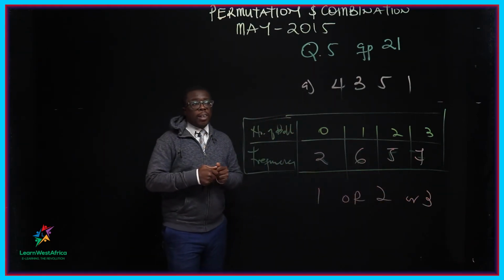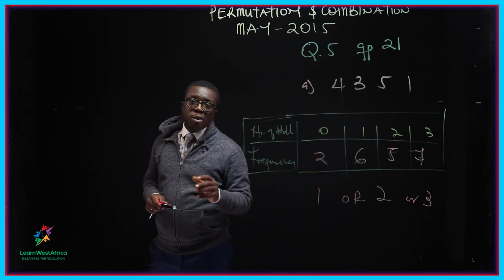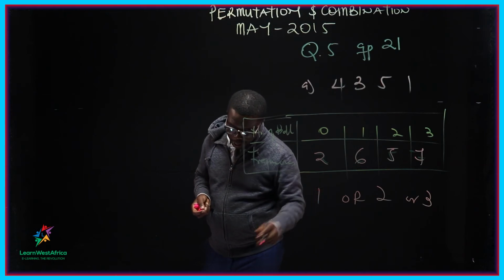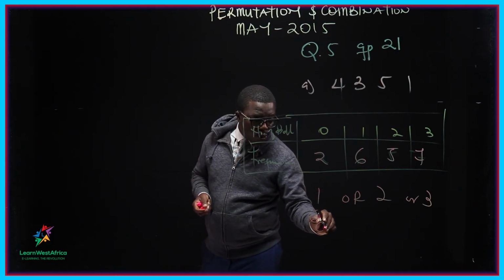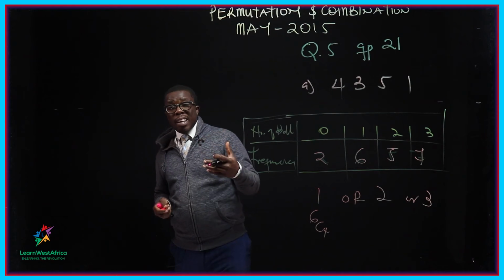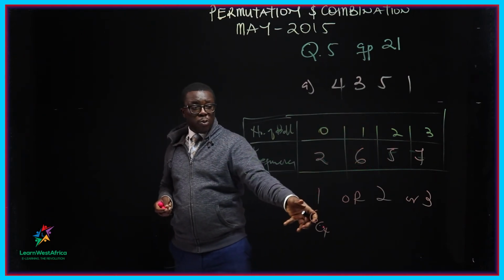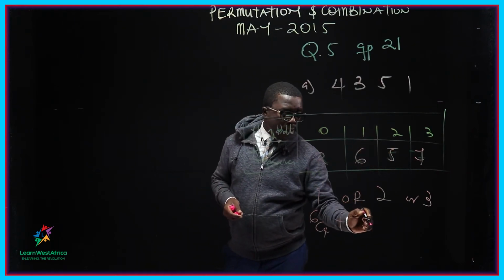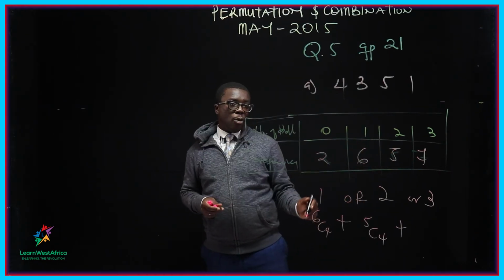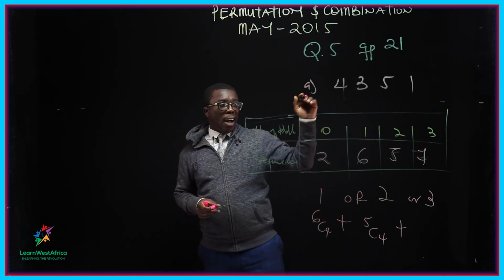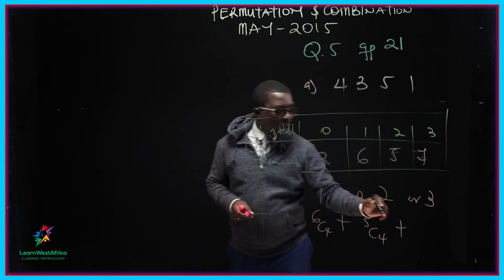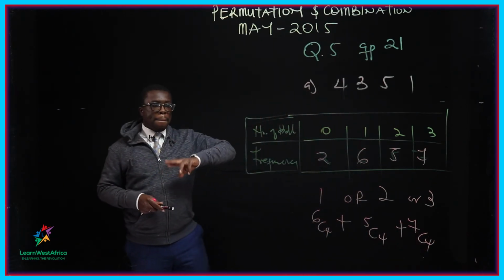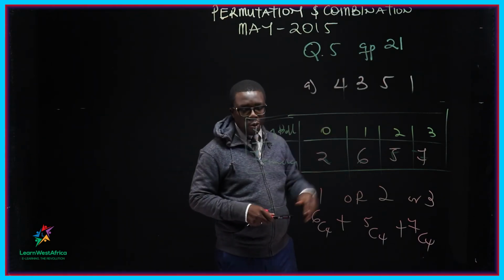Therefore, the 4 balls that we are interested in should be chosen from one of these sets. Out of that, we could have 6 choose 4, which means out of the balls labeled 1, we could choose 4, plus 5 choose 4, out of the 5 balls labeled 2, plus 7 choose 4, out of the 7 balls labeled 3. So we have 6 choose 4 plus 5 choose 4 plus 7 choose 4.